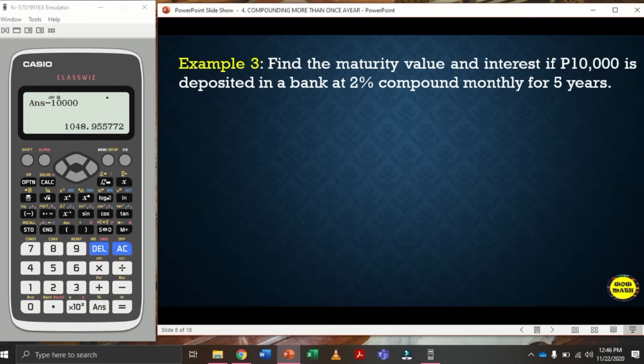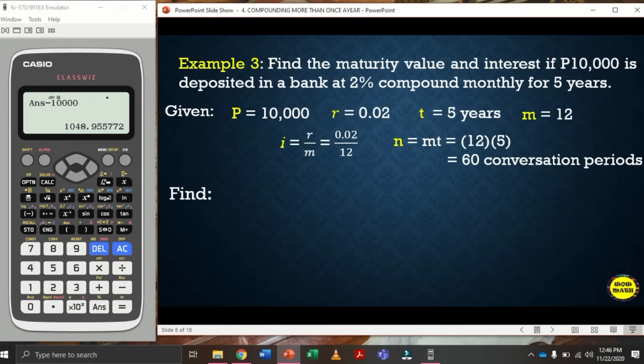So, find the maturity value and interest. So, ito ulit ay for maturity value and interest pa rin yung hinahanap. So, that is compounded monthly. So, dito naman class, sa example number 3, compounded monthly naman siya.